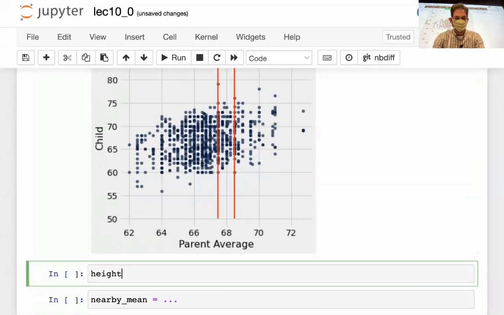First, we start with all the heights. Now we look at only the subset where the parent average is right around 68. So 68 minus 0.5, 68 plus 0.5.